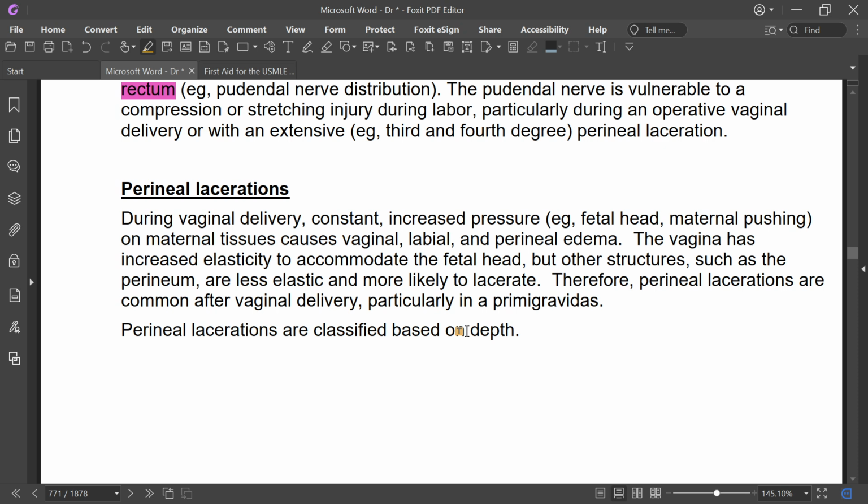Perineal lacerations are common after vaginal delivery, particularly in primiparas, and are classified on the basis of depth.